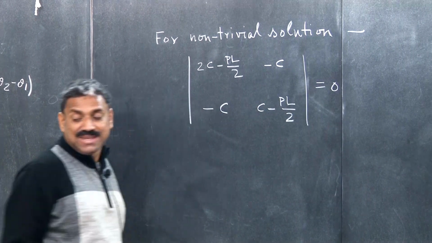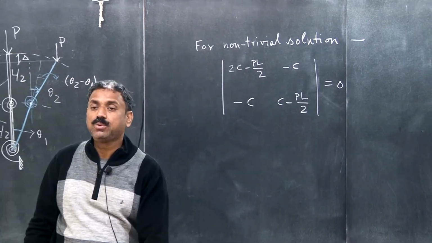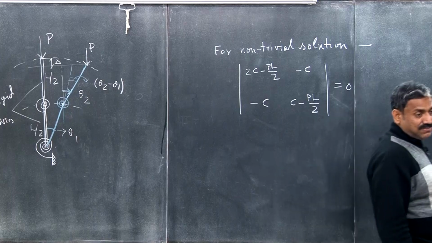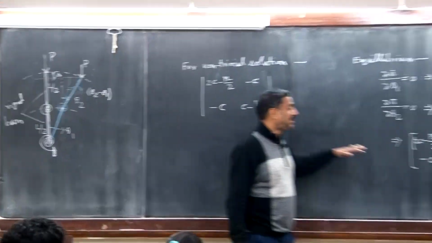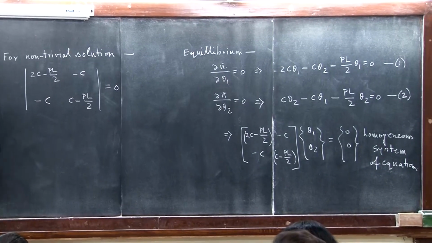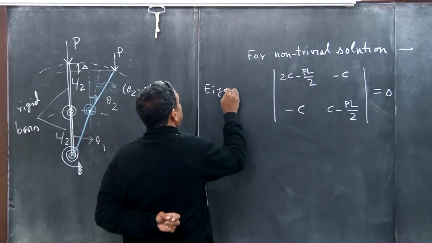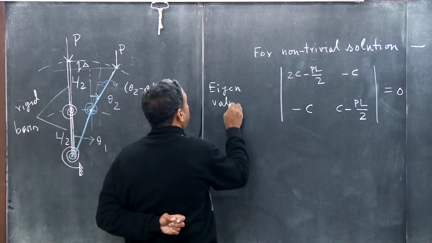So please note that here it leads to an eigenvalue problem. When I am writing the determinant is vanishing, that means this leads to an eigenvalue problem.